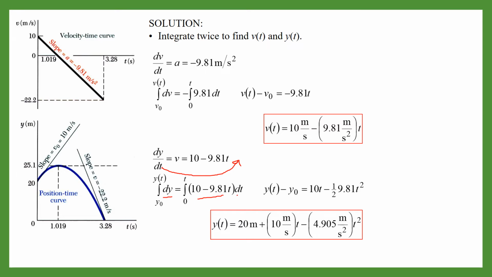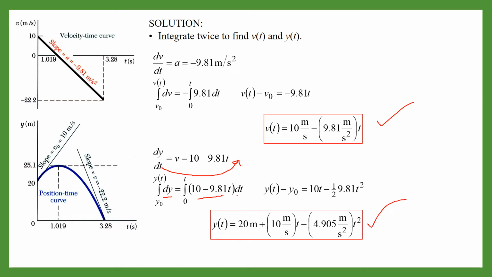and since the initial height is 20 meters, the final expression will be yt is equal to 20 meter plus 10 meter per second t minus 4.905 meter per second square t square. So this is how you can calculate the expression for velocity and the expression for position.